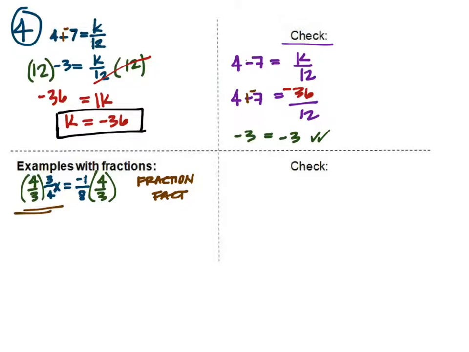It's going to cancel out and I don't have to reorganize the 3/4 times the 4/3. I don't have to worry about placing the 4/3 as the second fraction, because now we're multiplying. And multiplication is commutative. I can move those numbers around.